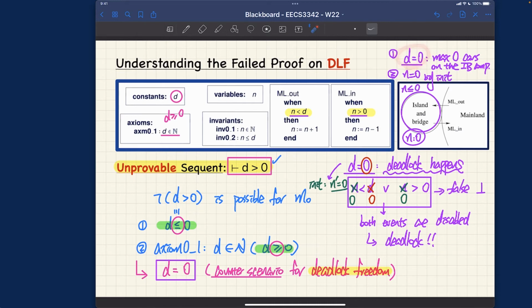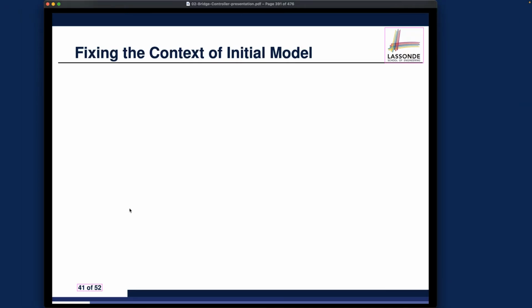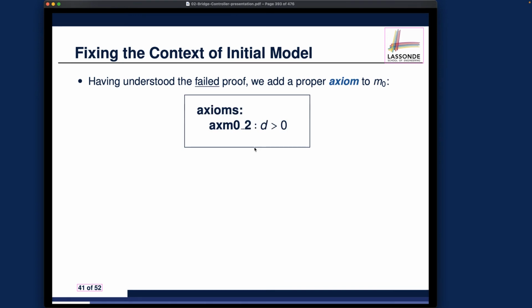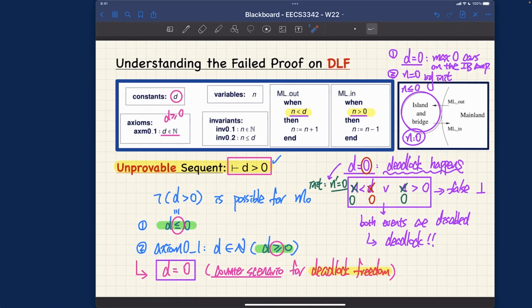The way to do it is not only that D should be a natural number, but also that D cannot be 0, meaning D should be strictly larger than 0. So we're going to introduce a new axiom, D larger than 0. We'll call it axiom 0_2, D larger than 0.